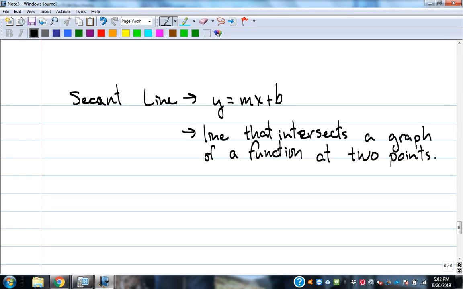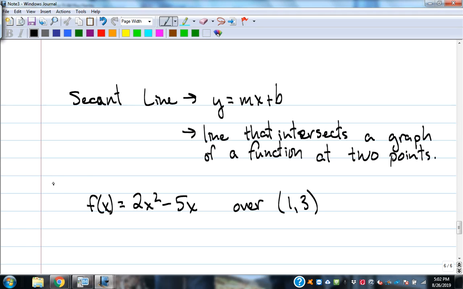So what we've gotten so far is we want to write a secant line for the example we just did. We've got a function f of x is equal to 2x squared minus 5x, and we want to write the secant line over the interval, and we've used 1, 3 as the interval.